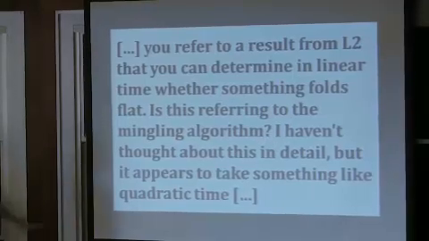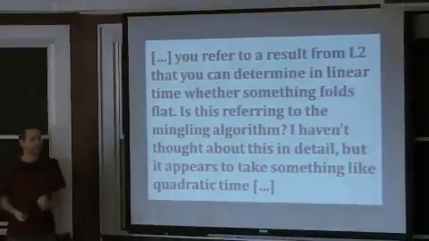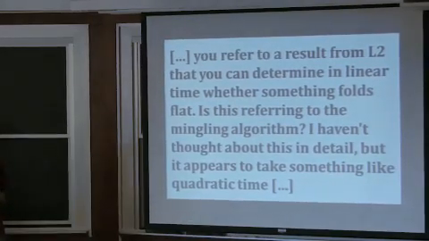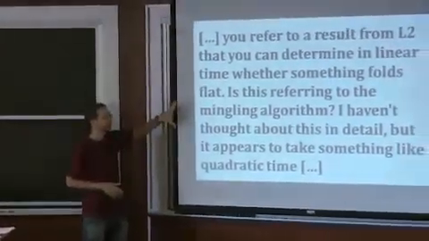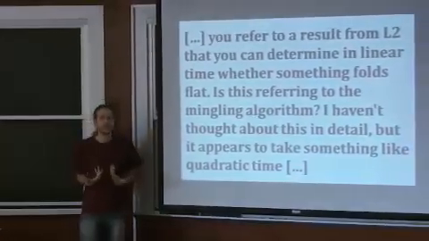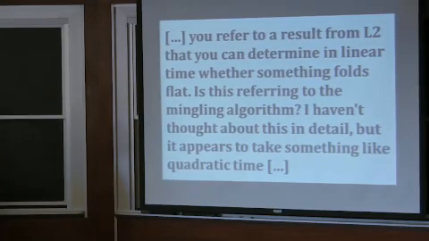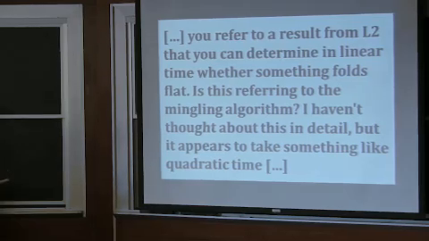So I'm going to jump into questions, and in particular, this is an opportunity for me to talk about the main thing that I skipped last class, because it relates again to this lecture, which is how do we do this algorithmically? So it's one thing to say, just do crimps and end folds till you can't anymore, and then when you run out of stuff to do, if you're done, you're done. Otherwise, it's not flat foldable. That's true.